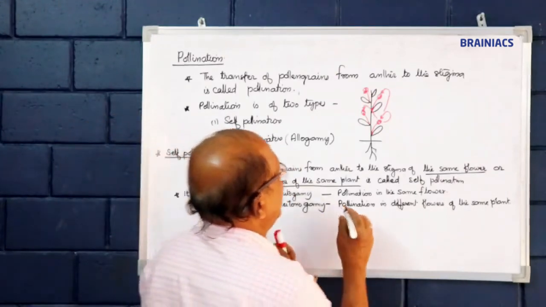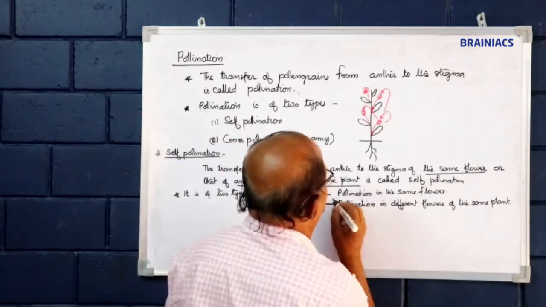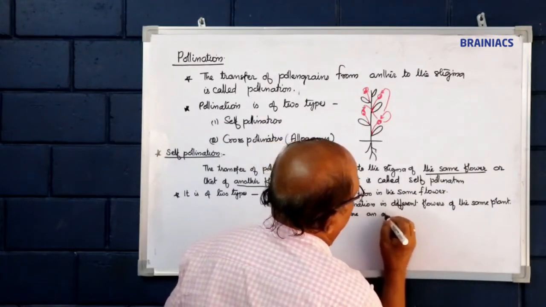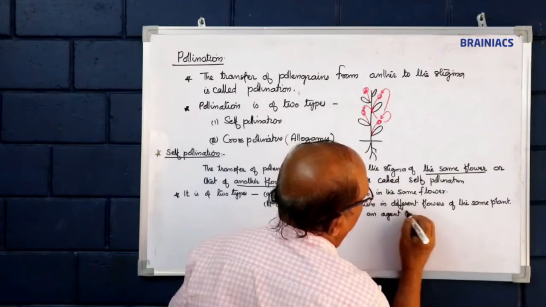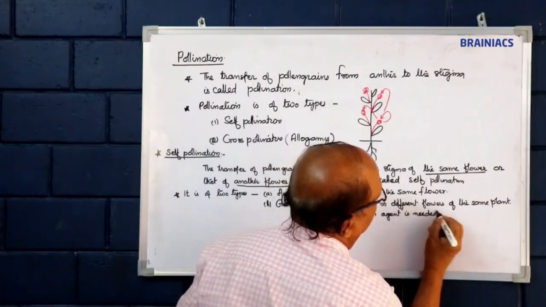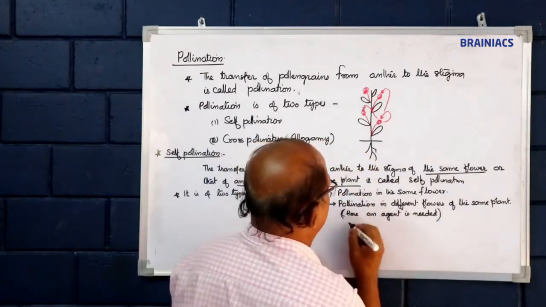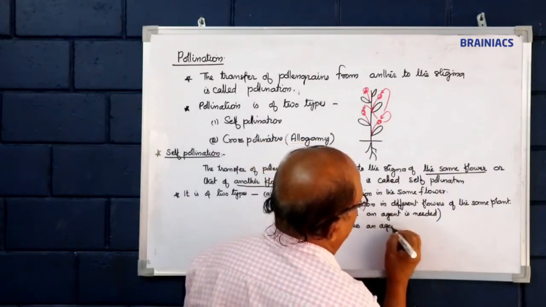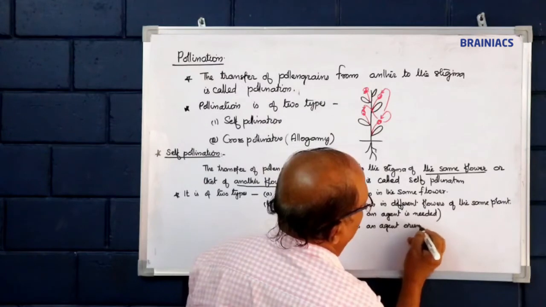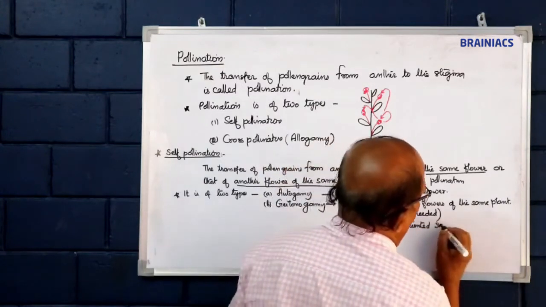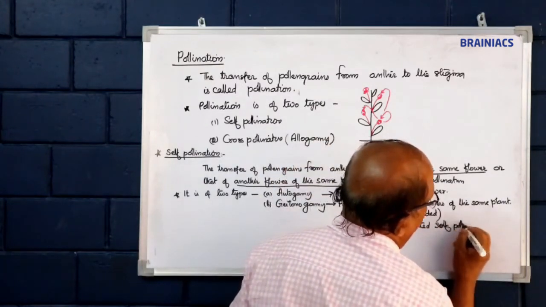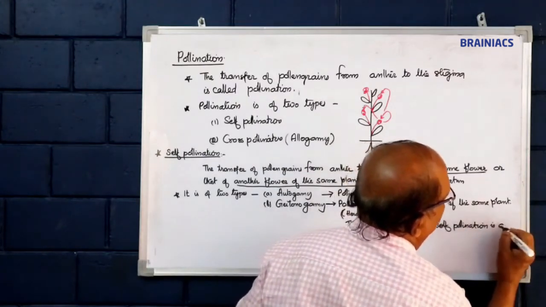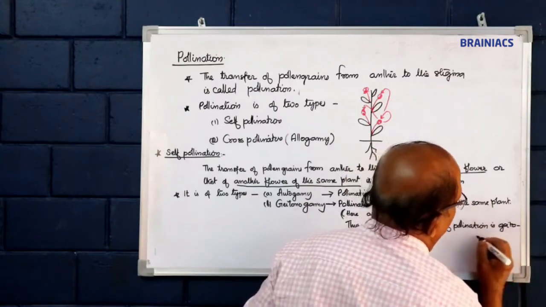So geitonogamy needs an agent. Thus, an agent-oriented self-pollination is geitonogamy.